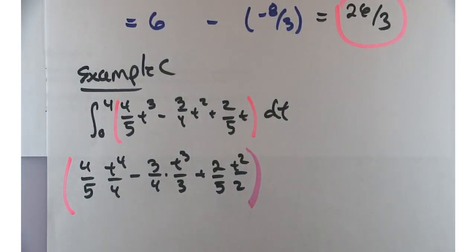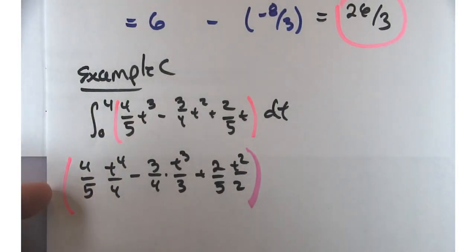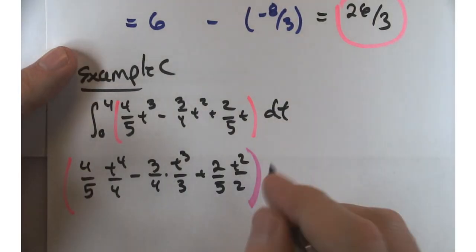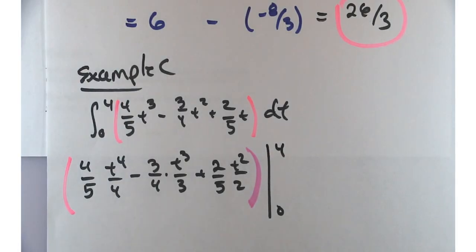One of the more common mistakes I see people doing is that they forget that you've already taken the antiderivative and they'll put another integral symbol here. But really you should put a nice straight line between 0 and 4. Now if it helps you, maybe you want to do some simplification here before we start plugging in things.